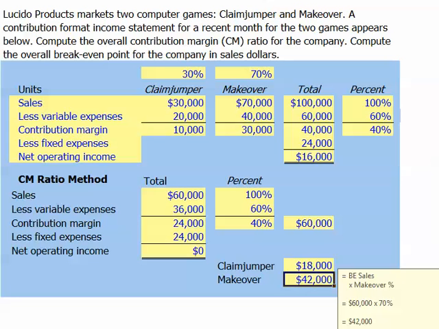So we see calculating our break-even point or target profit for a company with multiple products is a simple extension of our single product break-even analysis. A few assumptions we need to keep in mind though.